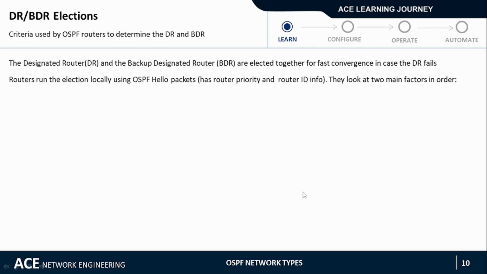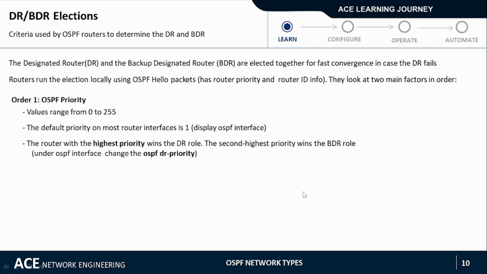And then the router with the highest priority wins the DR. So if you leave it at default, priority will not be used in determining the DR because all of them will have same priority of 1. And we are saying the second highest priority wins the BDR role.